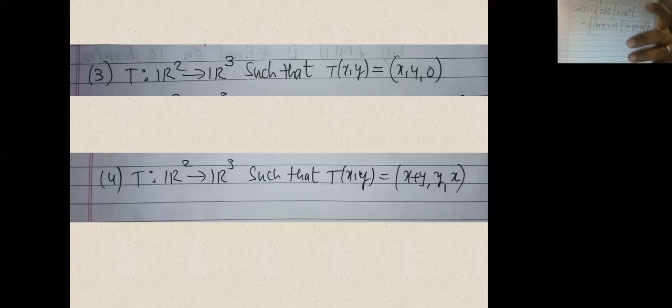This is the definition of linear transformation. Okay, so you can see that the x component is written as the addition of the y and z component.